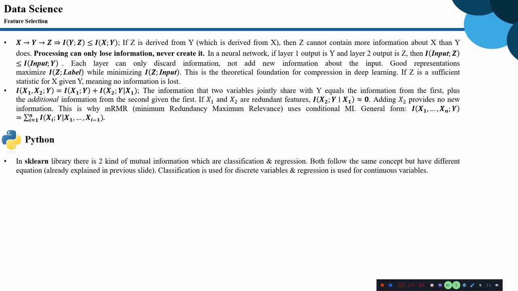The last condition is for more than two variables, as you can see over here. There's the equation and so on. For the Python script, I'm going to use the scikit-learn library, which has two types of mutual information. One of them is classification and the other is regression.